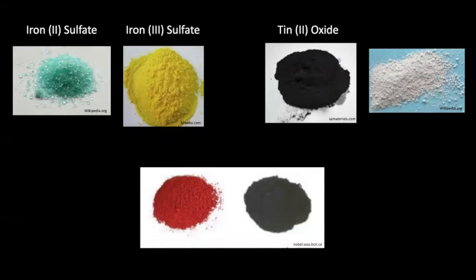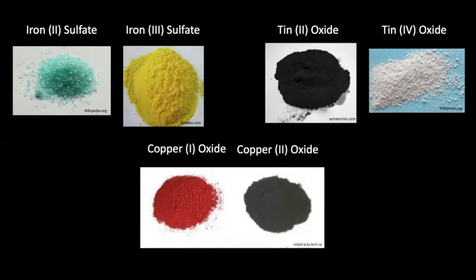Tin 2 oxide is black, while tin 4 oxide is white. And finally, copper 1 oxide is red, and copper 2 oxide is dark gray. Even though each of these pairs is made of the same two elements, they combine in different ratios to make very different compounds. Let's take a look at how to write a formula when given a compound's name.